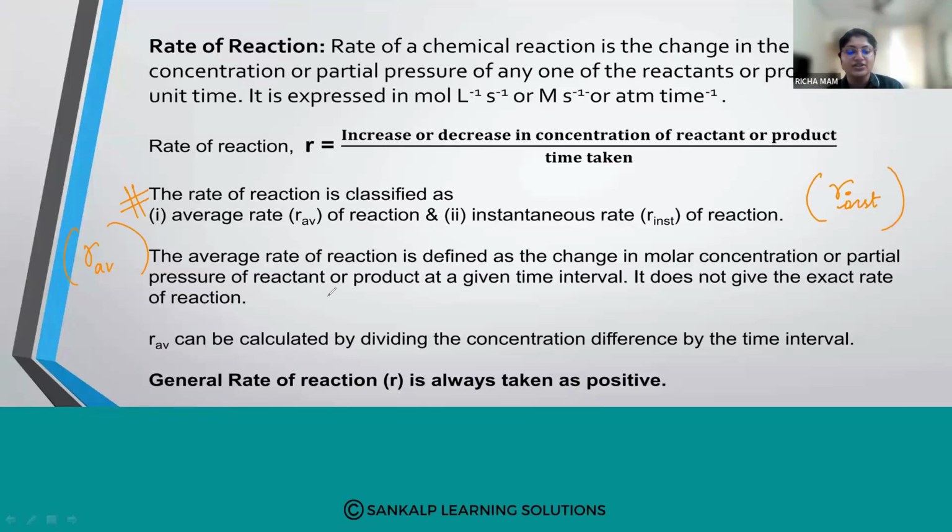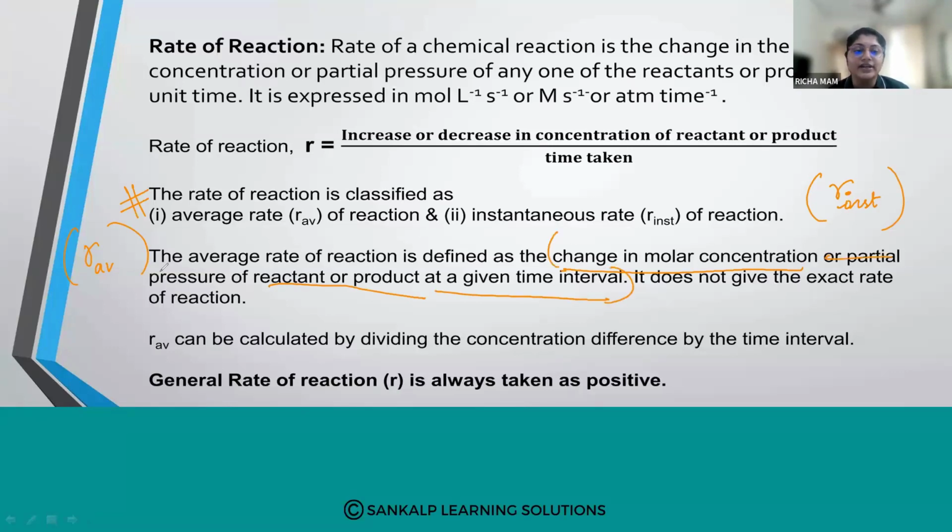The average rate of the reaction is defined as the change in molar concentration or partial pressure of reactant or product at a given time interval. It does not give the exact rate of the reaction. So average rate means the change in molar concentration of reactant or product in a given time interval.